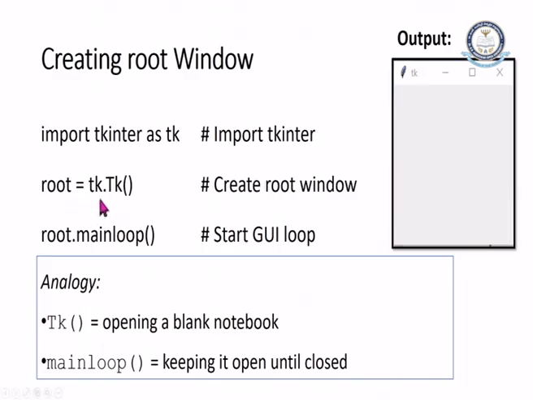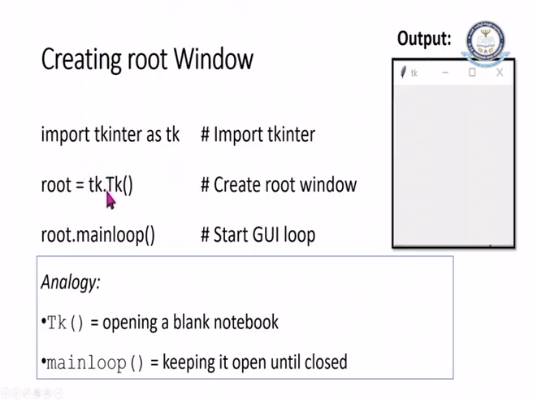Root assignment Tk. Observe here, in Tk the two letters are lowercase; that is the alias name for Tkinter, as we just mentioned. So, library name Tk dot Tk, where the second T is a capital letter, is the class name. The general syntax to create an object for any class is object name assignment class name.